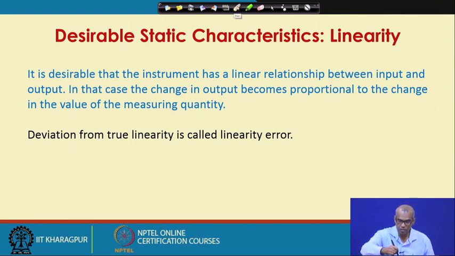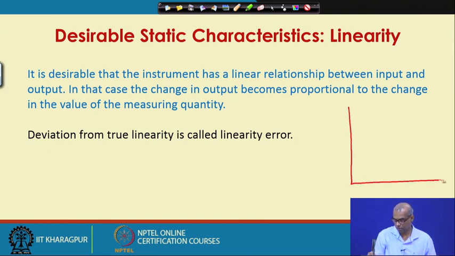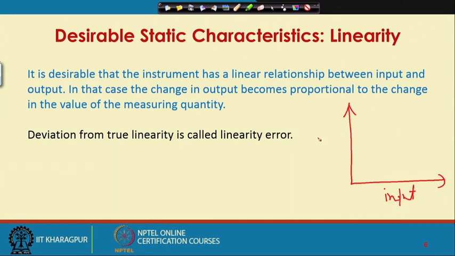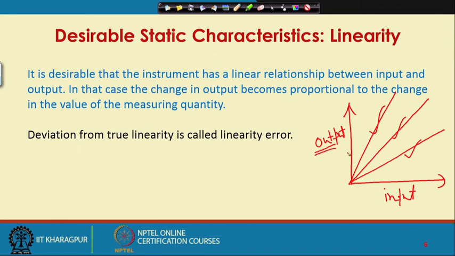What I mean is, if I have a plot of input, the values of the measuring quantity, and correspondingly the output reading from the instrument, and if I get a straight line as the relationship between input and output, whatever its orientation, it does not matter, but if I have a linear relationship between input and output, then we say that the instrument is linear.